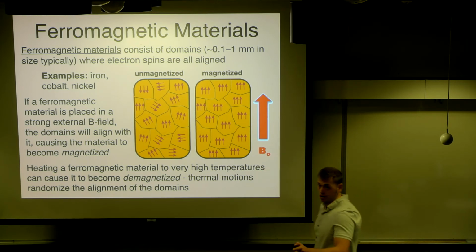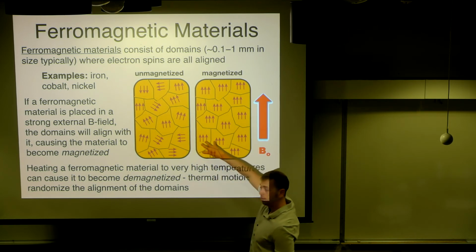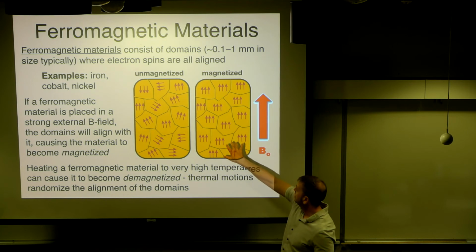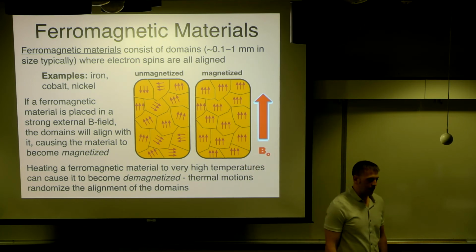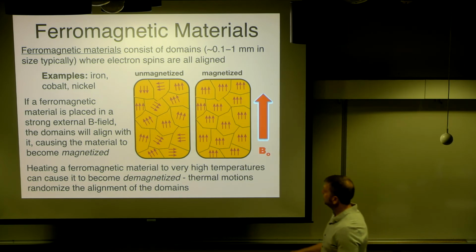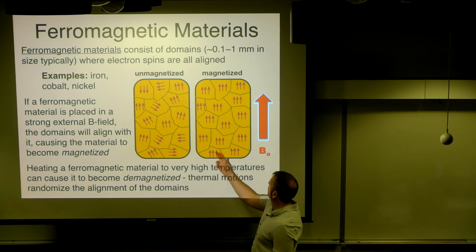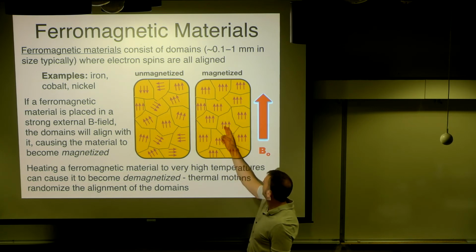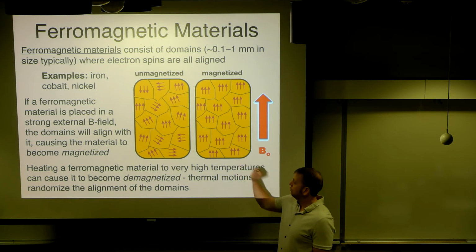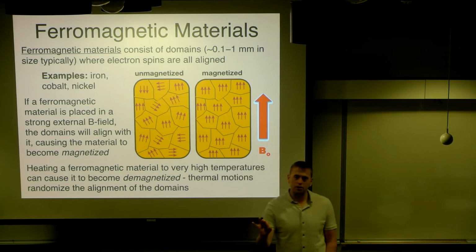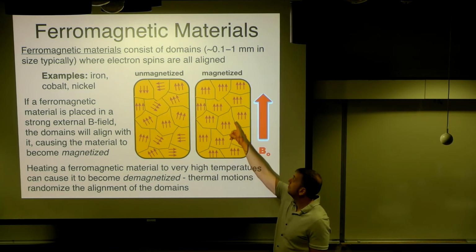Well, as we just saw, when you put these magnetic dipoles in an external field, it exerts a torque on them, which makes them align with that external magnetic field. So now, if the field is strong enough, it can torque all of these into alignment. Now all of the domains are pointing the same way. And now your material is magnetized, because all of these tiny little magnetic fields contributed by all of the electron spins within the material are going the same way.